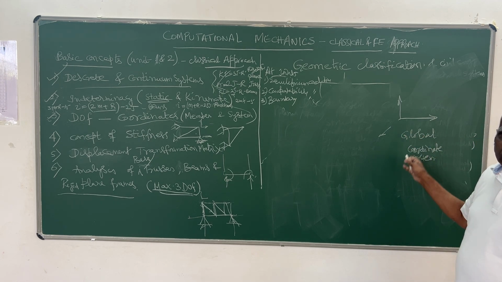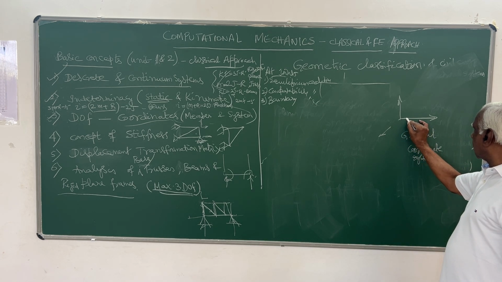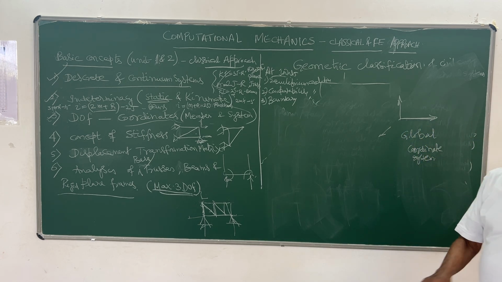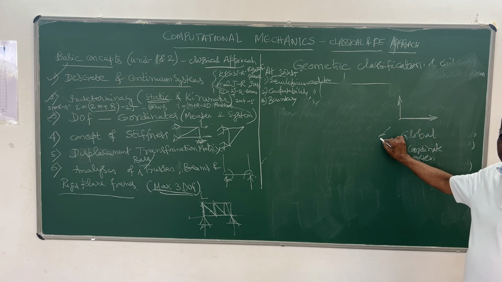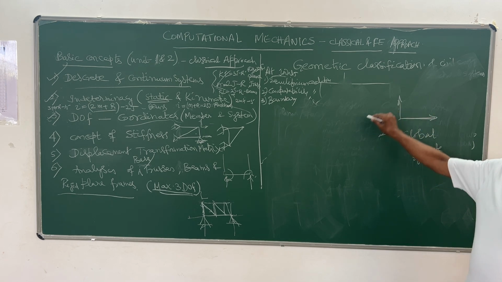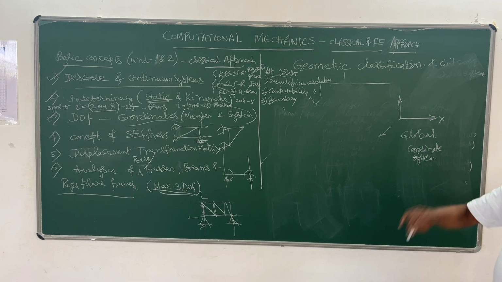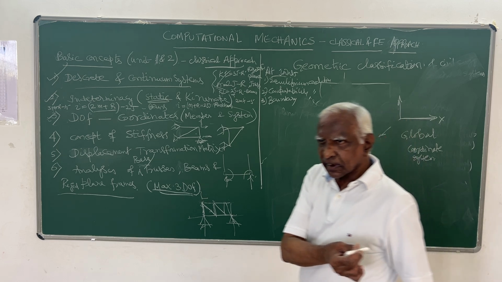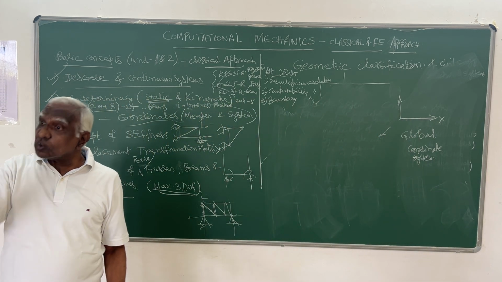System coordinate or global coordinate, wherein always one of the axes is chosen along horizontal direction, other two axes are orthogonal to it, that is perpendicular to that. One of the axes you fix always in the horizontal direction, other two normal to that.